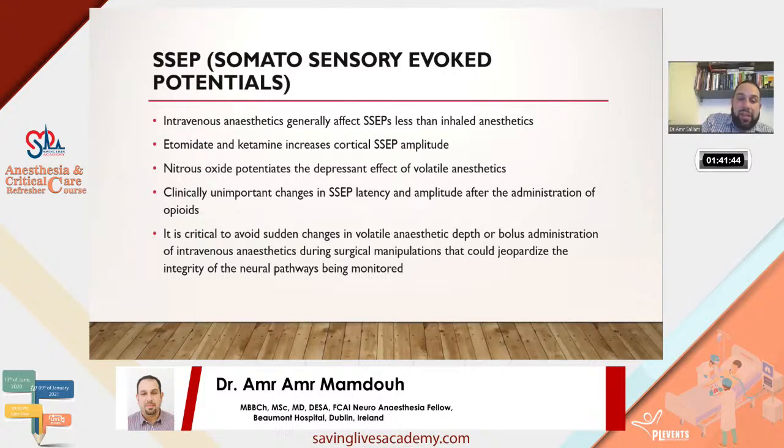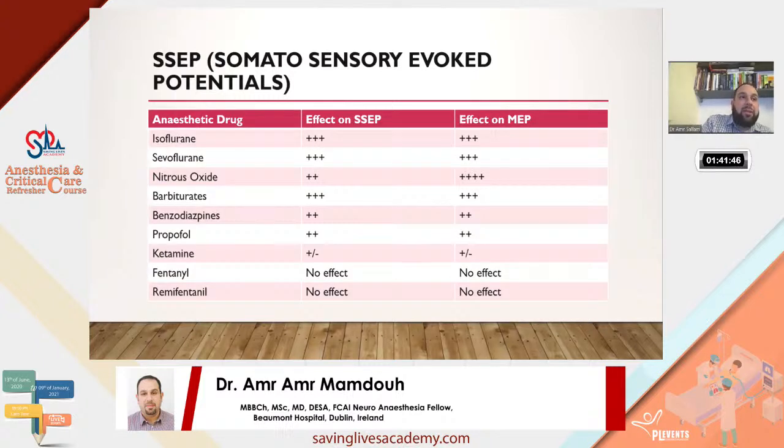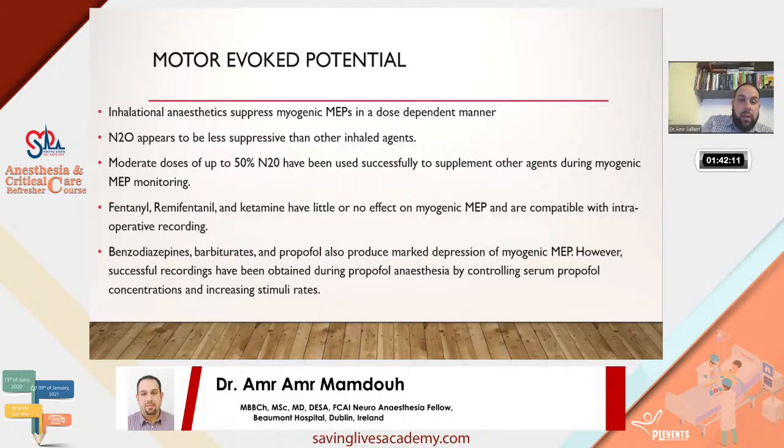We'll jump to the next slide showing the effect of the inhalation anesthetics, the first three, and how they are affecting more than propofol and the benzodiazepines, while the opioids don't have an effect at all, and that's what causes us to tend to use more opioid anesthetics, using remifentanil infusion, for example.